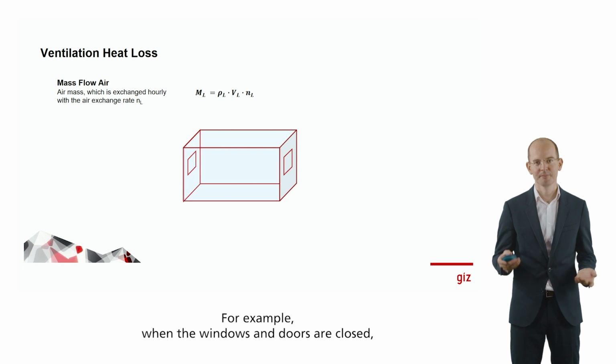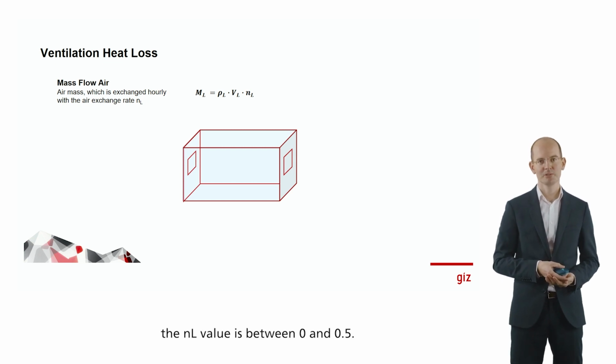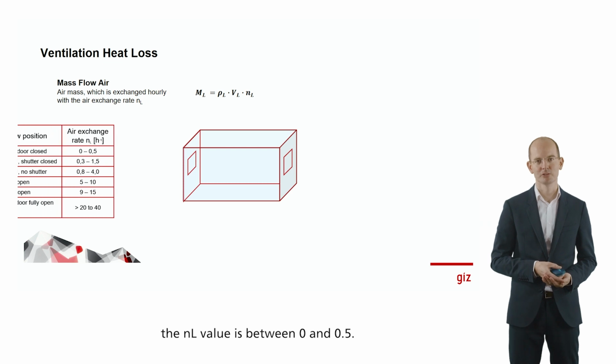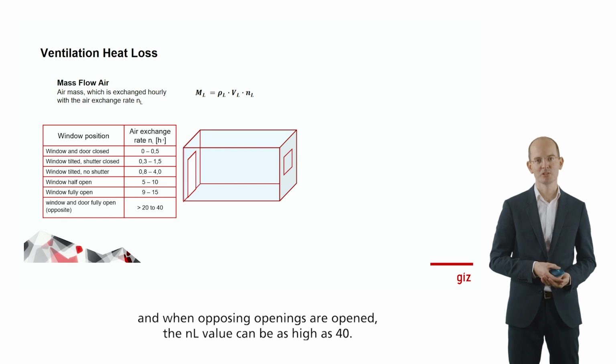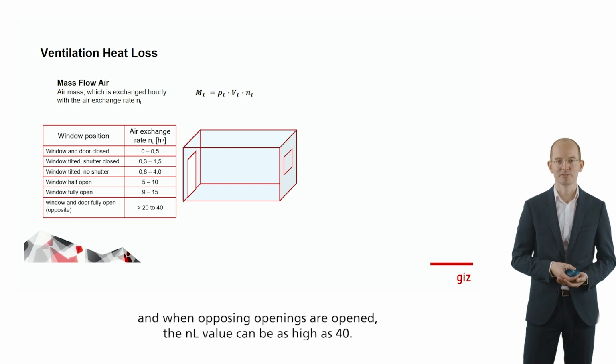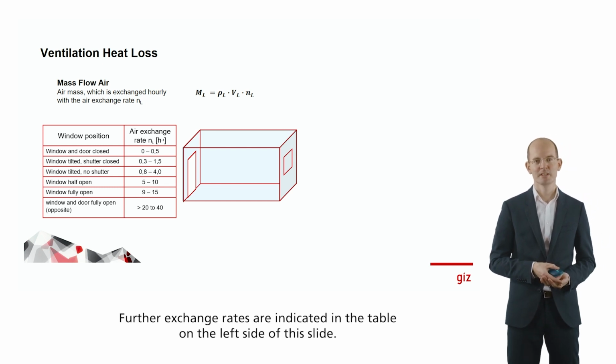For example, when the windows and doors are closed, the n_L value is between 0 and 0.5. When a window or door is fully open, this value increases to 9 to 15. And when opposing openings are opened, the n_L value can be as high as 40. Further exchange rates are indicated in the table on the left-hand side of this slide.